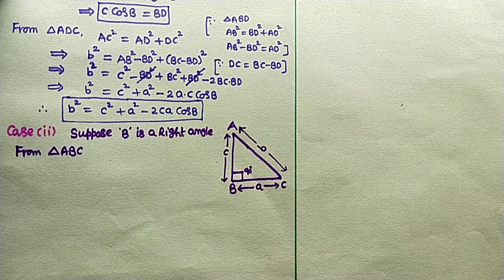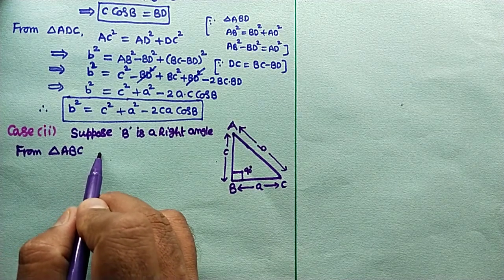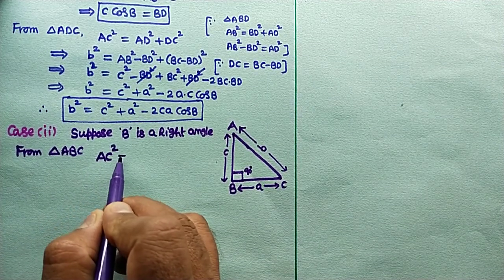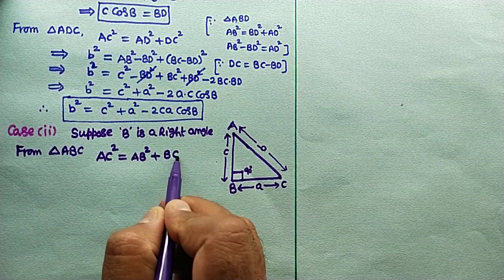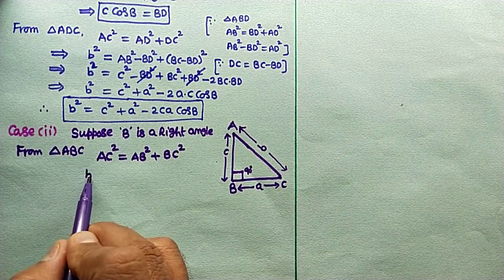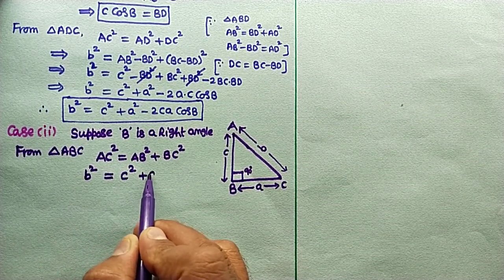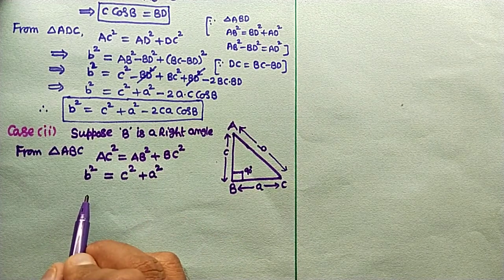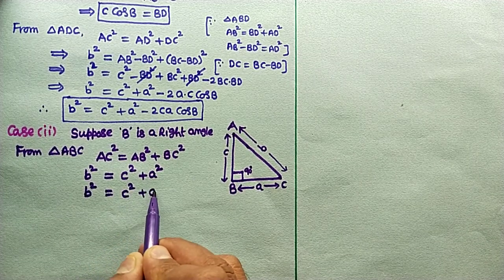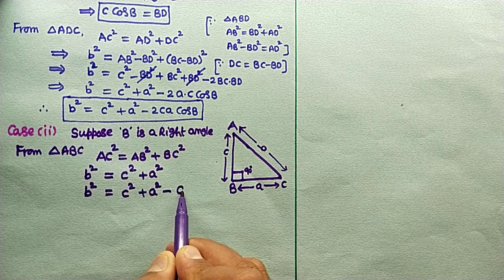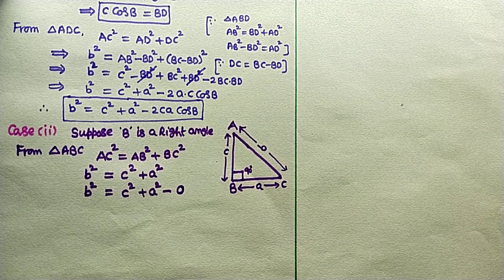Whenever it is a right angled triangle, we have the formula from Pythagoras theorem. AC square is equal to AB square plus BC square. AC means b square is equal to AB means small c square plus BC means small a square. So can we write b square equal to c square plus a square minus 0? There is no change in this. According to convenience we are writing, and to get the answer also.